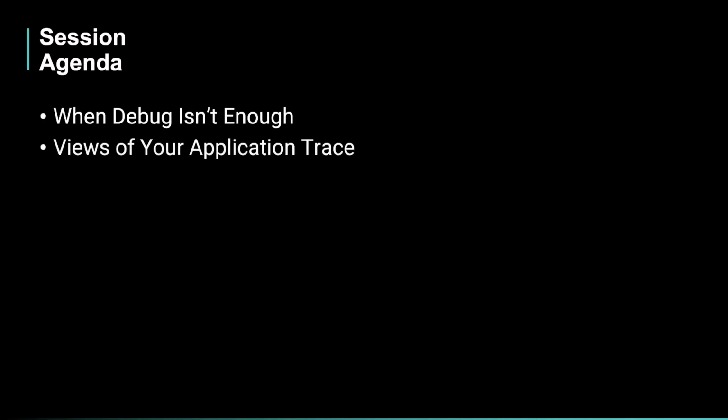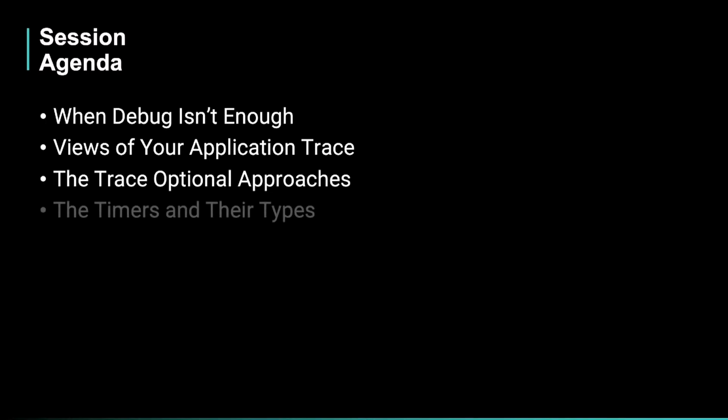So the session agenda, what's the content here? What are we going to be talking about? First, when is debug just not enough? And when we do talk about trace, what are the different views of your application that are available? And we'll talk about the optional approaches for tracing your application's execution.